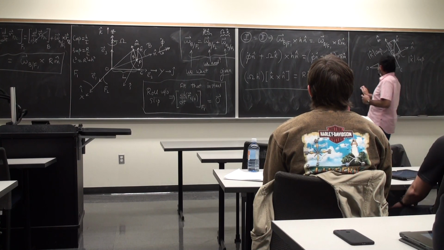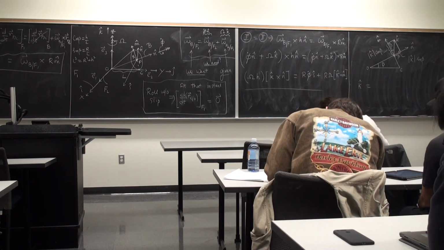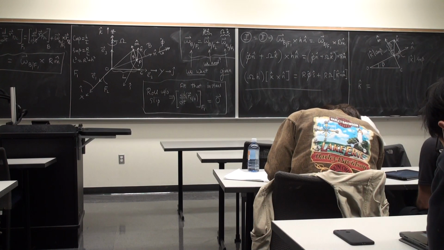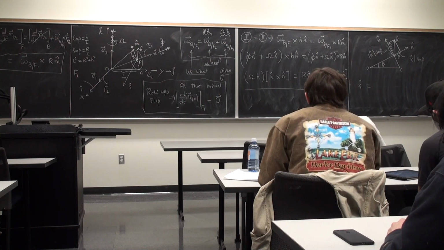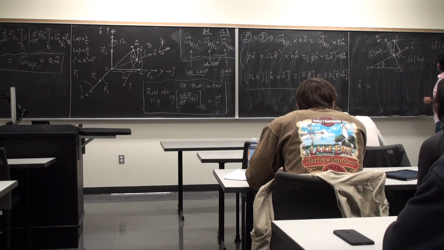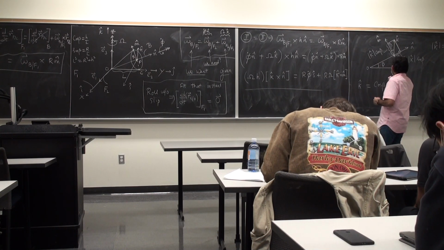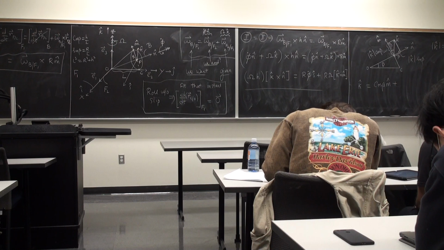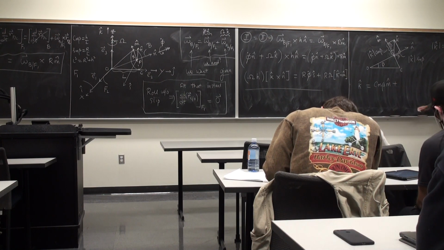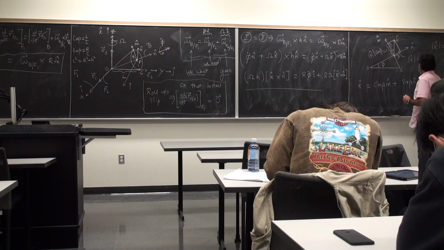So k hat has a component along the m hat direction, which is going to be the k hat magnitude times cosine beta. Magnitude of a unit vector is 1. So this is going to be cosine beta. Direction of that component is positive m hat. The direction of the other one is positive n.